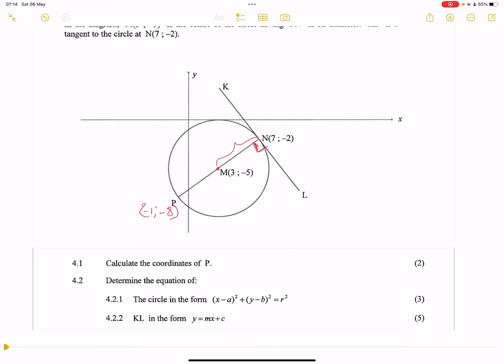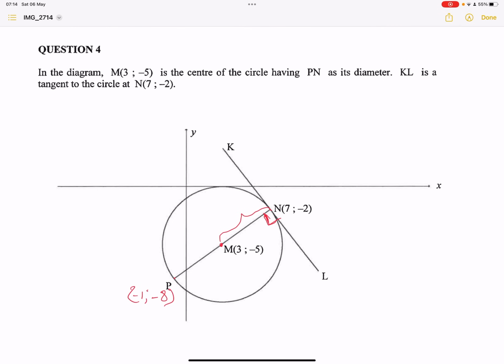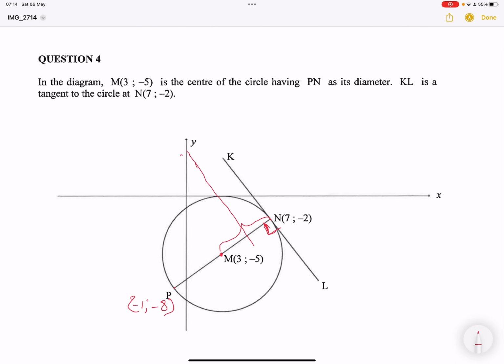Of course, it would cut the circle twice. You can think of a secant as a line that is not a tangent, but that does touch the circle. So it would actually pass through the circle. For instance, if I drew a line like that, that would be a secant.